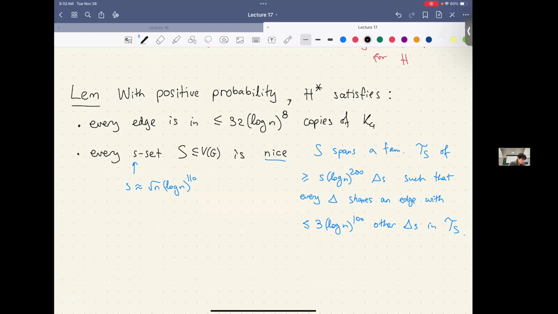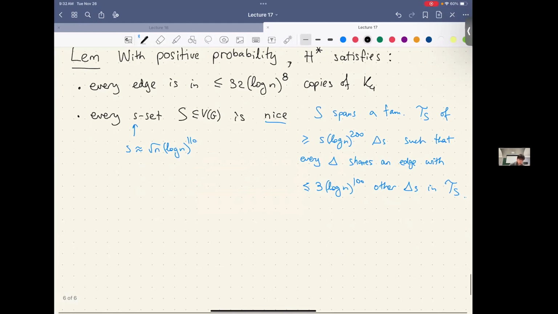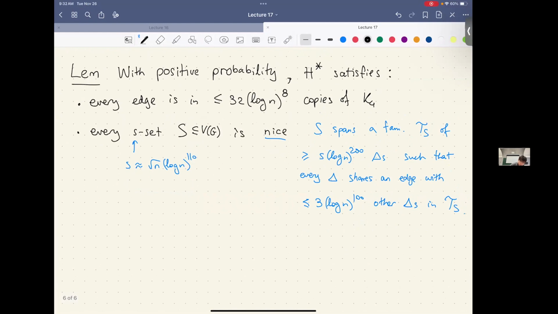Let's first prove this. So this is what we need to prove after the K4-free process. This is the lemma. We know it's K4-free already.